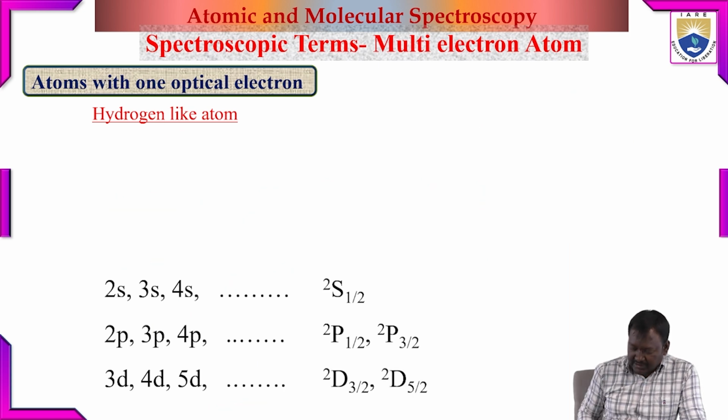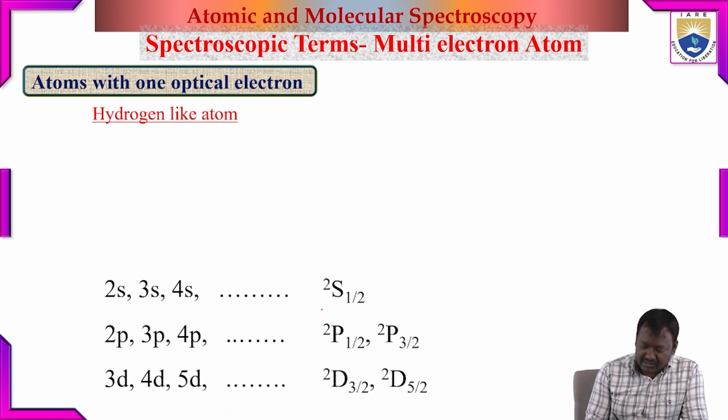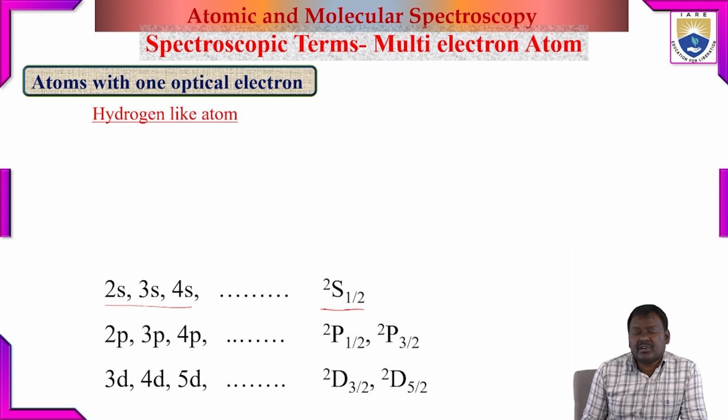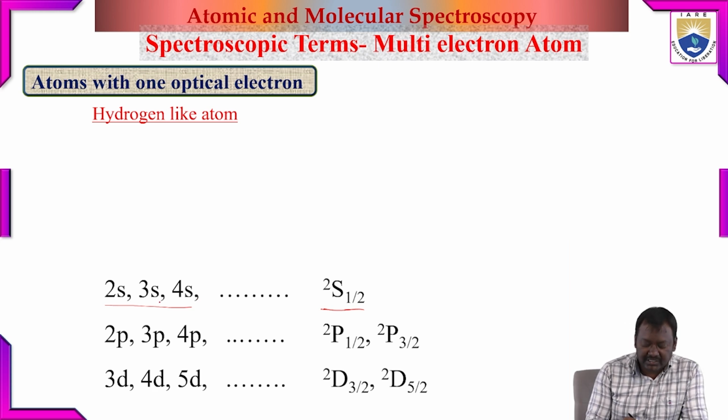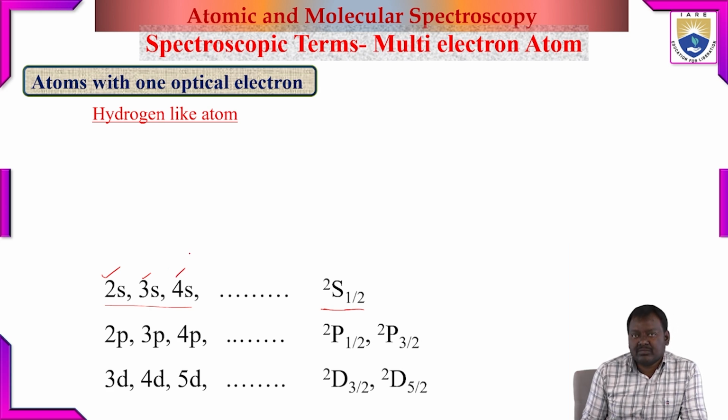These numbers indicate the principal quantum number or orbit number: second, third, fourth.